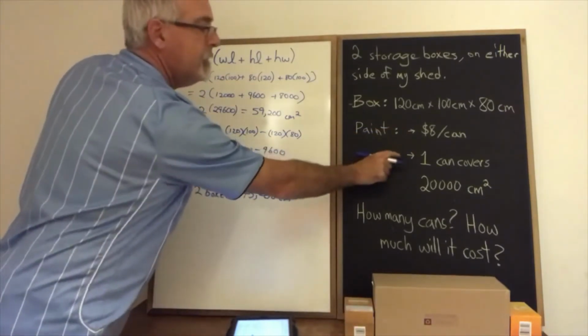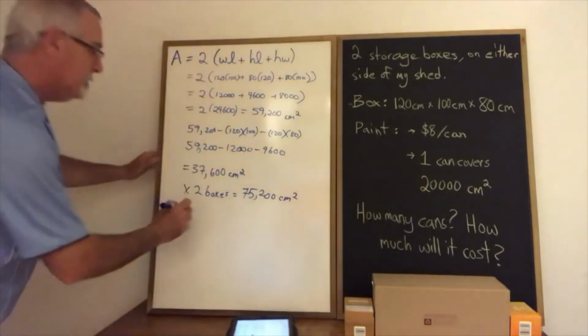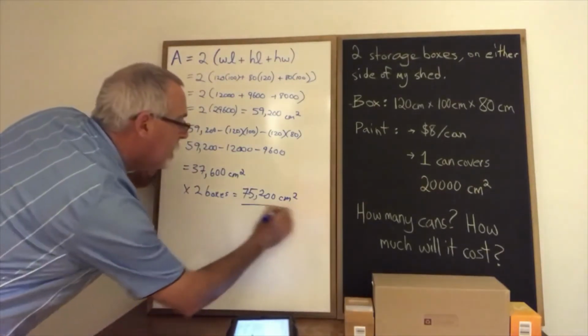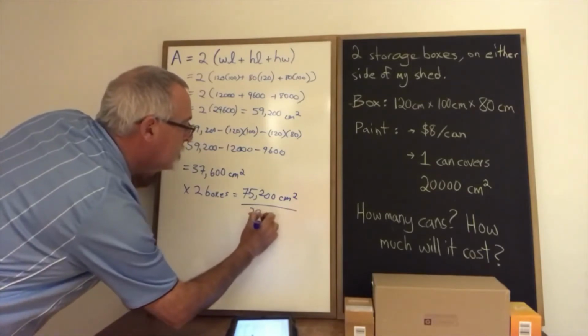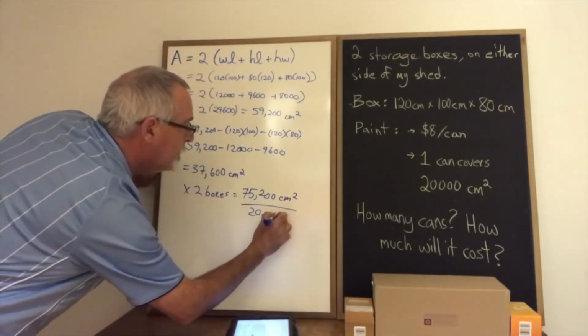Since a can of paint covers 20,000 centimeters squared, I will divide the 75,200 by 20,000.